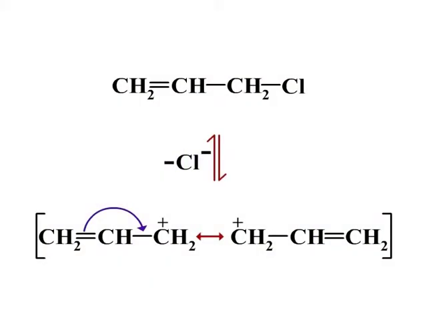And the answer is allyl chloride is more reactive than N-propyl chloride towards nucleophilic substitution reaction, SN reaction, as it readily ionizes to give a resonance stabilized carbocation. The other compound, N-propyl chloride, forms a less stable carbocation. Hence, it is less reactive.